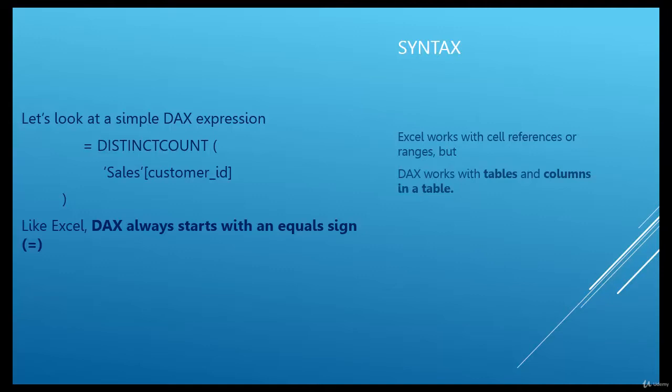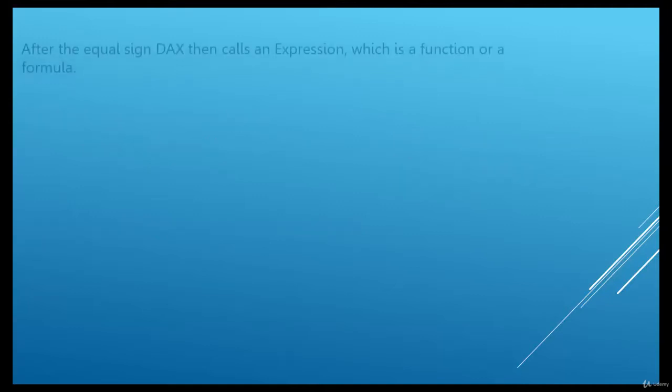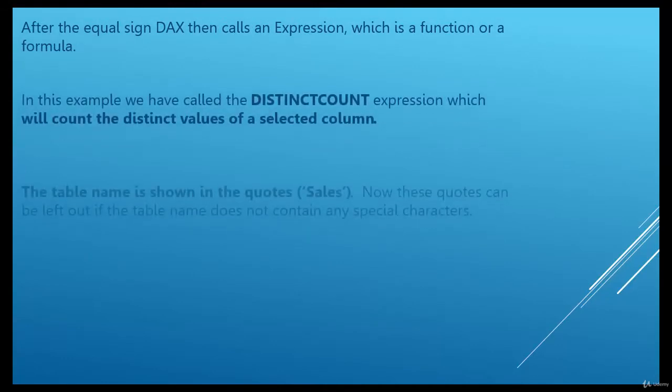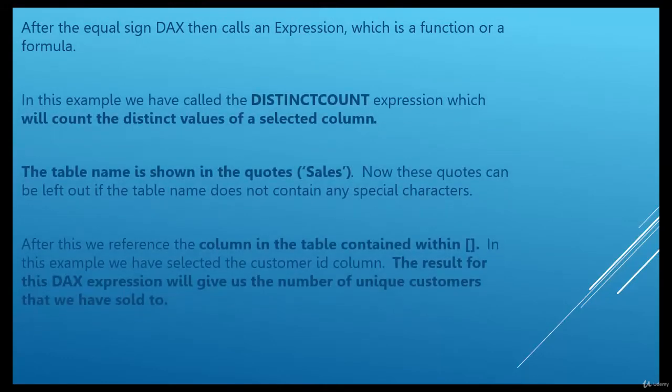Here the table is within quotes, so you can see that Sales is a table. You can remove the quotes, but if there are any special characters you have to put the quotes around the table name. After this, when we are referencing a column in a table, we have to put square brackets, so the column name comes in square brackets. The result of this expression will give us the unique number of customers that we have sold to.